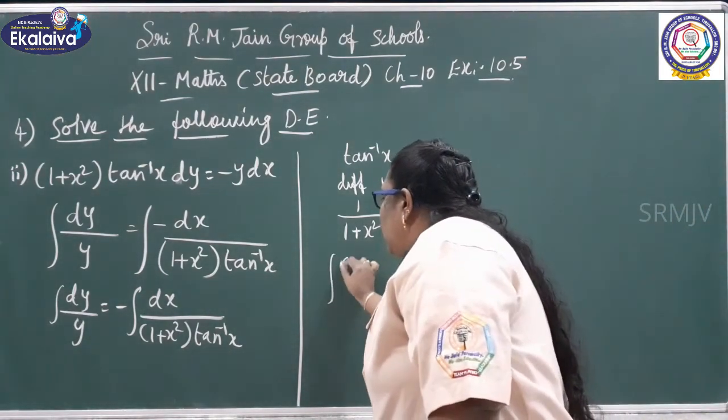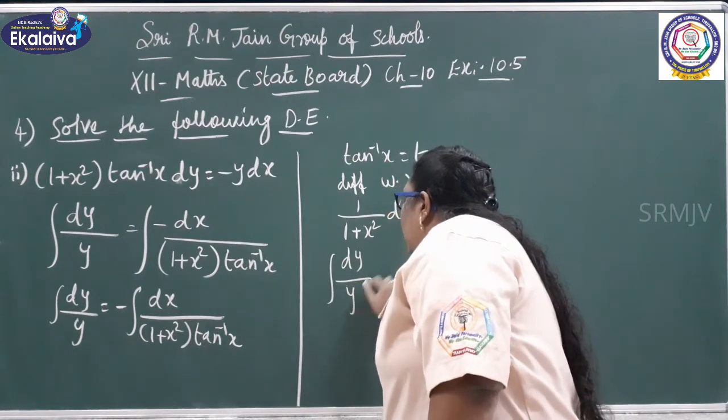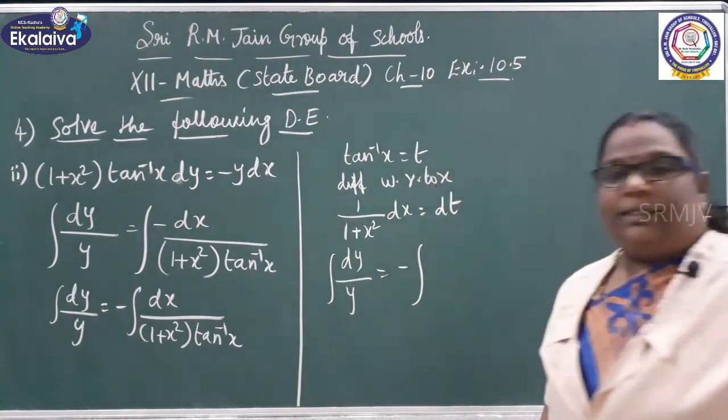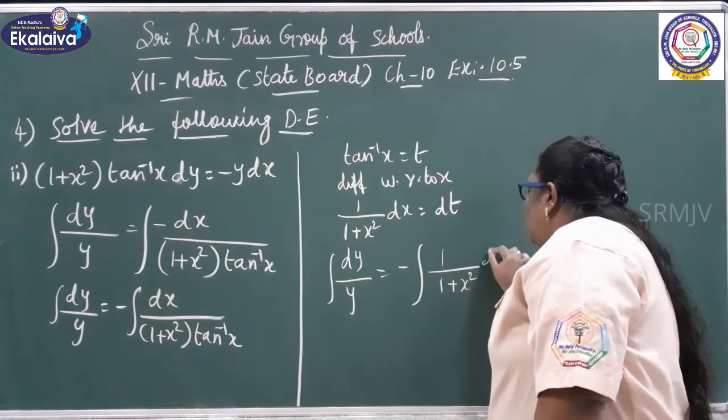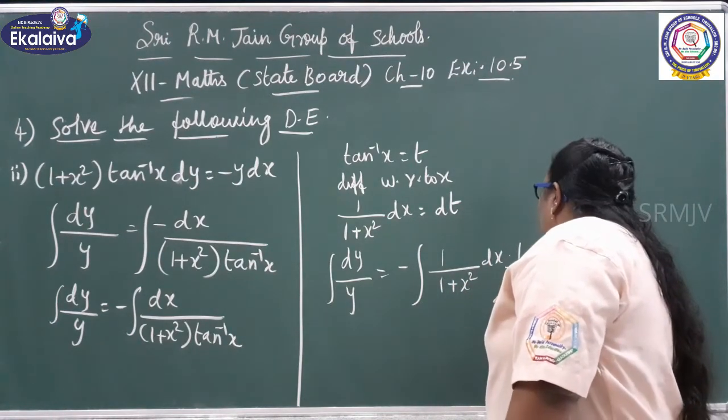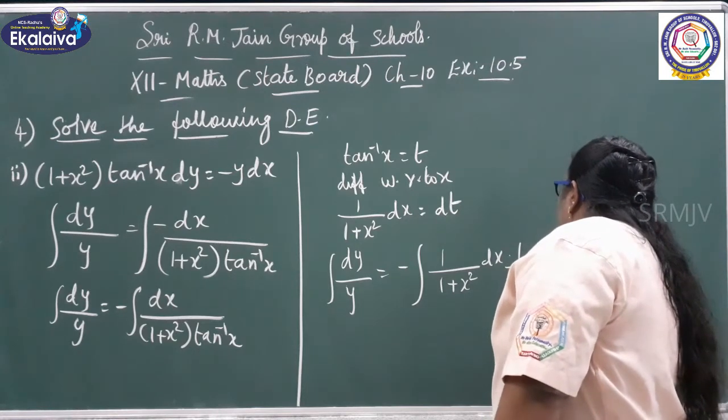So integral dy by y equal to minus 1 by 1 plus x square dx into 1 by tan inverse of x.